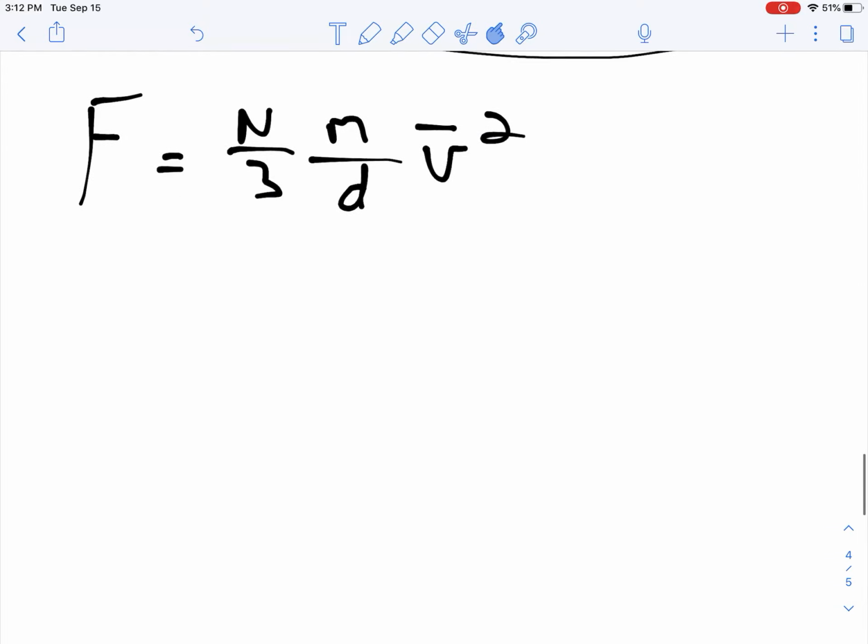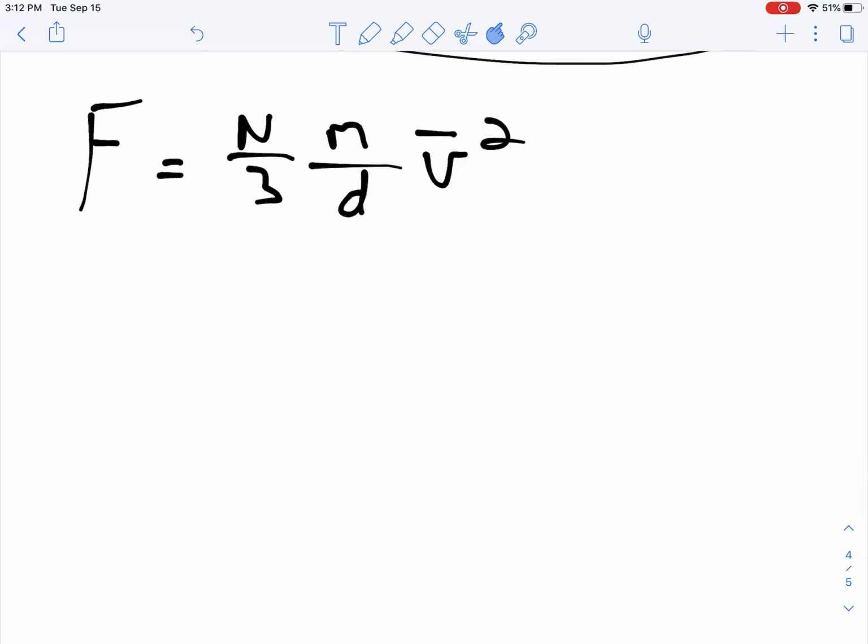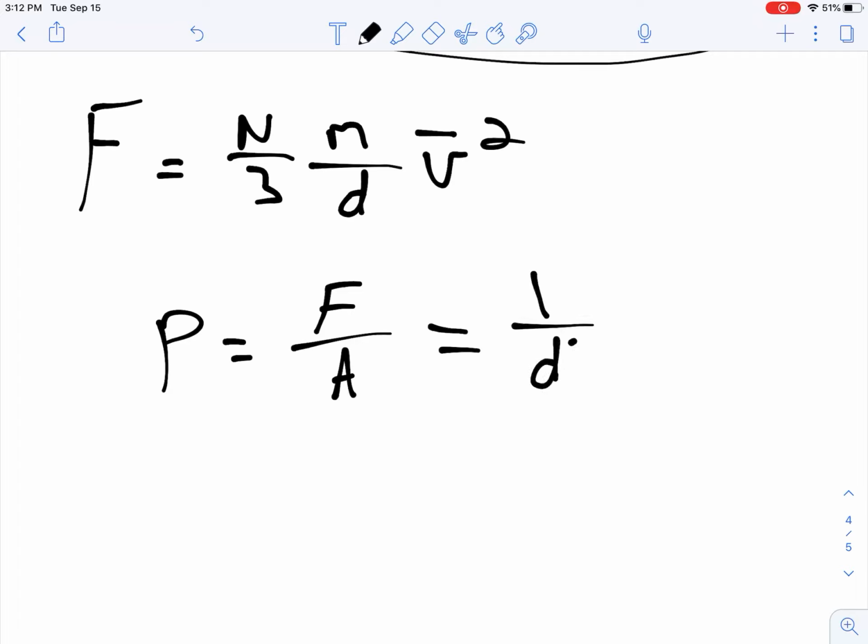So now we have our force in 3 dimensions. We can relate that to pressure because we know that pressure is force per area. So our pressure is going to be that force times 1 over the area, which is 1 over d squared.